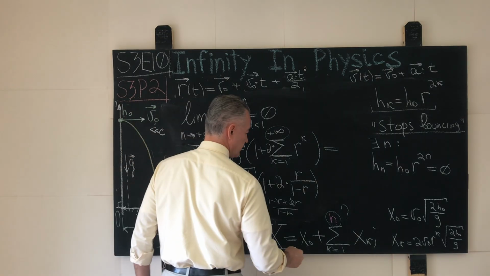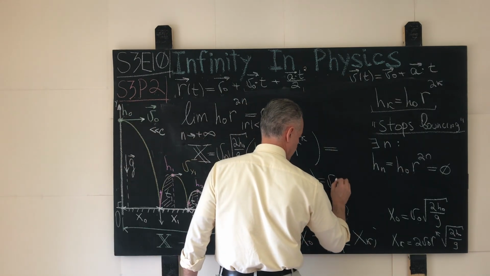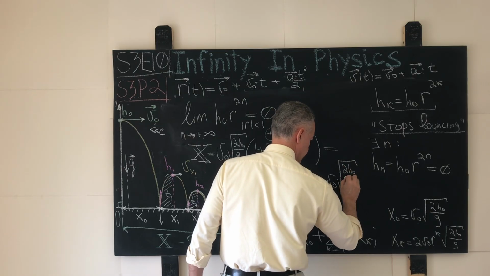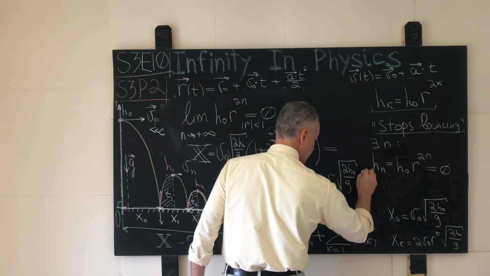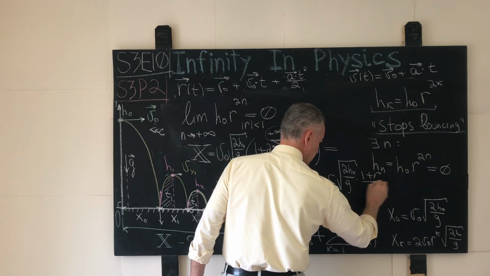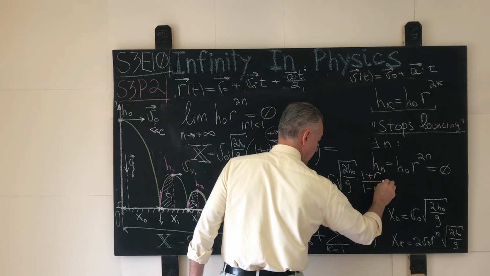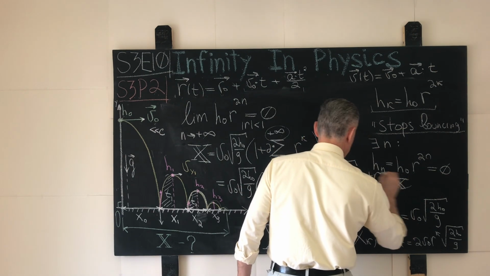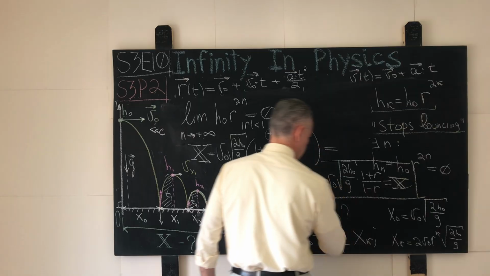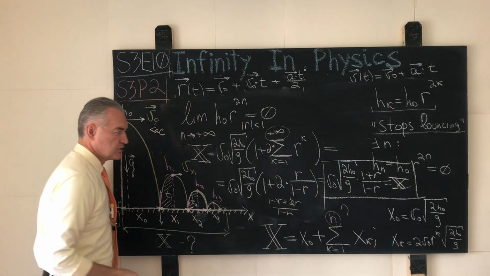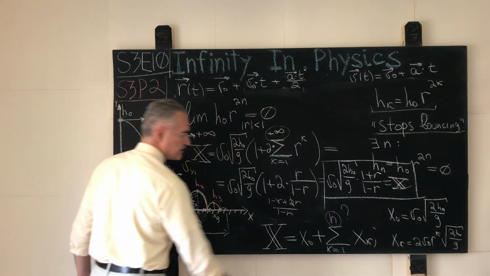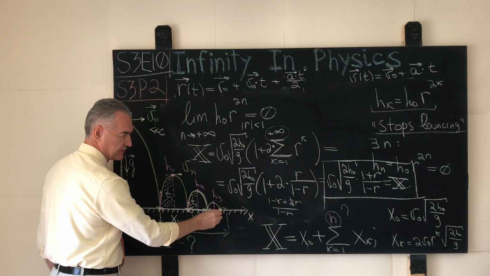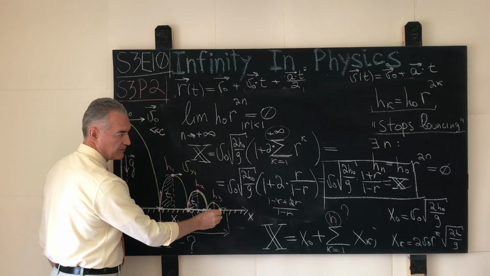In the end, we have v0 square root of 2h0 over g times (1 plus r) divided by (1 minus r). This is precisely the horizontal displacement sought after. Precisely at that distance, our heroic chicken will stop bouncing.